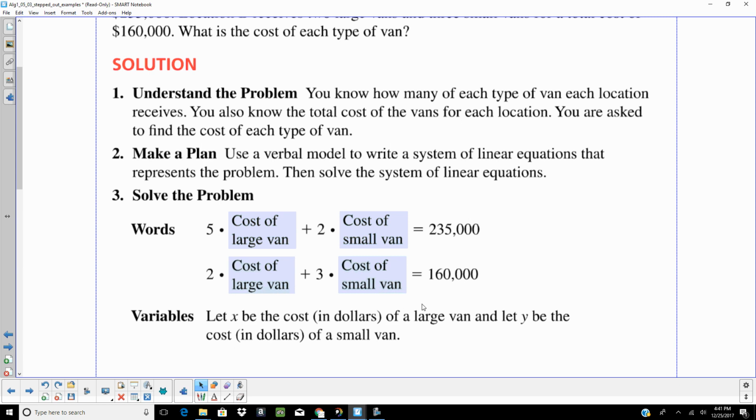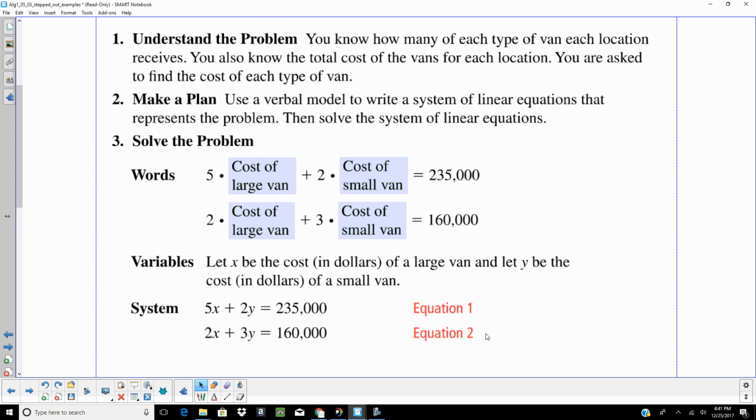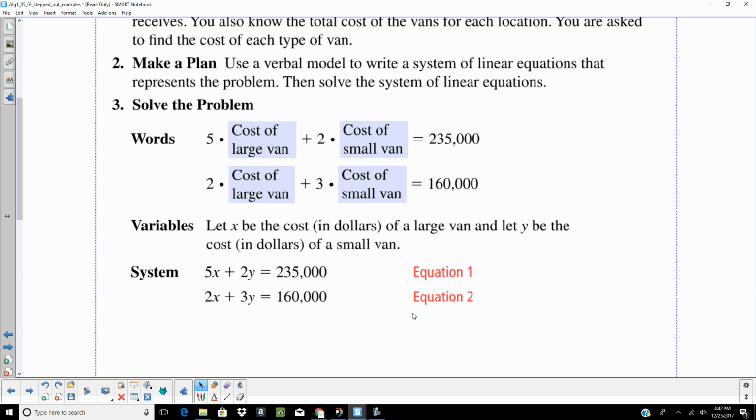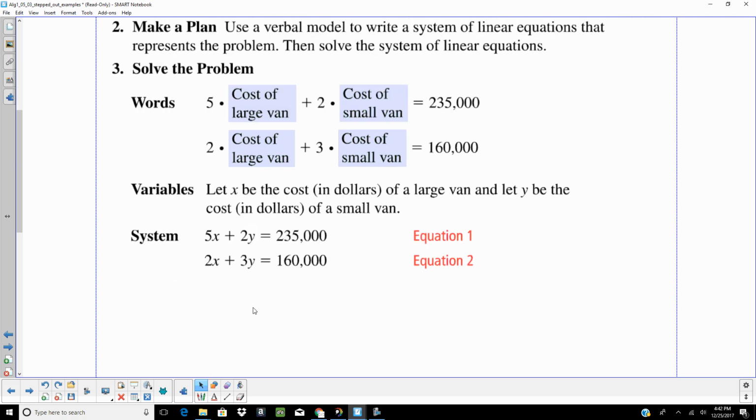So x is going to be the cost of the large, and y is the cost of the small. So let's go ahead and get our equations. 5x plus 2y equals 235,000. 2x plus 3y equals 160,000. Well, we don't have any opposite coefficients here. So I'm going to multiply equation number 1 by negative 3.